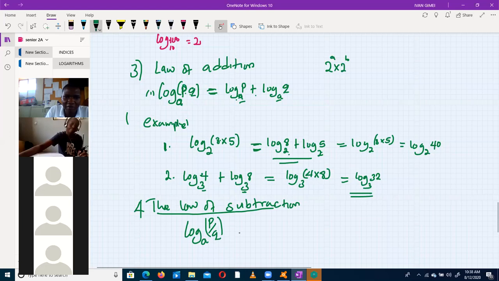This will be the same as log of P base A minus log of Q base A. So if you're dividing the logs, you subtract them. And the reverse is also true. When I'm subtracting, I divide. Is that okay?